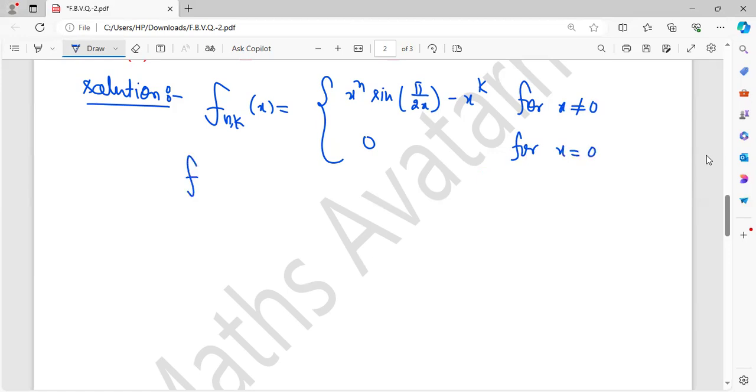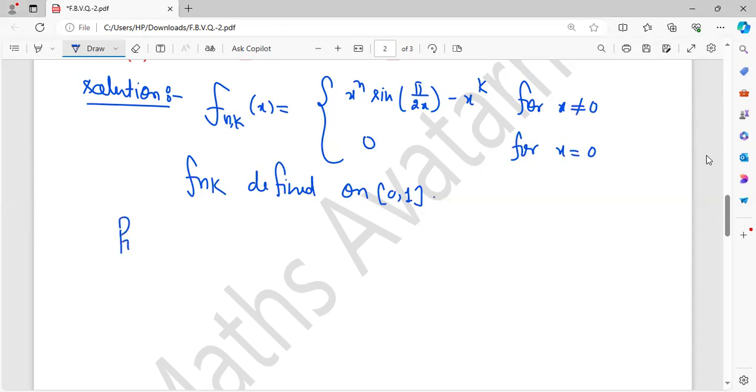So f_{n,k} is defined on closed interval [0, 1]. If you have a value x that is non-zero in this interval, you will take this function, and if x is equal to 0, you will take f_{n,k}(0) = 0.